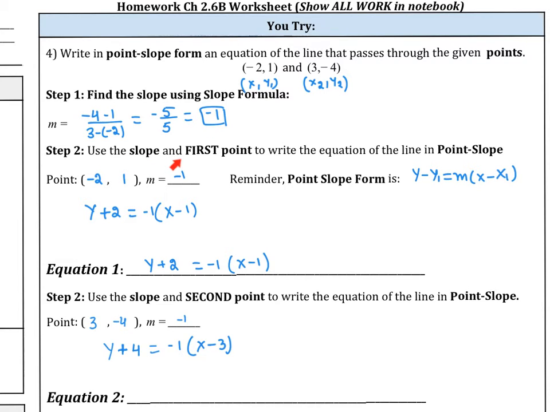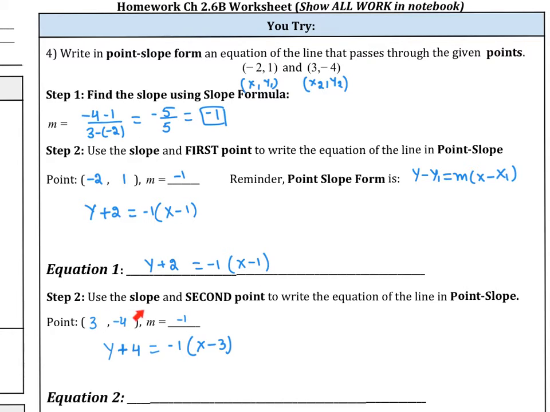Use the slope and first point to find the equation in point slope form. The first point is (-2, 1) and the slope is -1, and this is the formula for point slope form. Remember, if it's positive, you're going to use the opposite sign. So y plus 2 equals -1 times x minus 1. So that's your equation number 1.